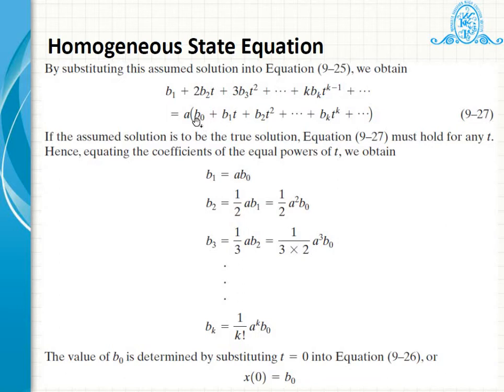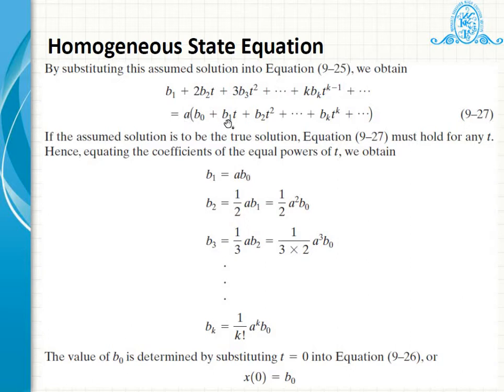If we compare the coefficients directly, in the first term t is not involved here, so this will be a constant which will be compared with b1. So b1 is equal to a b0. Here it is written b1 is equal to a b0.